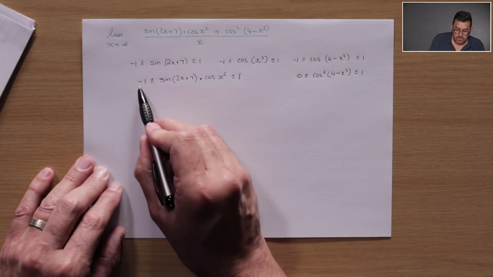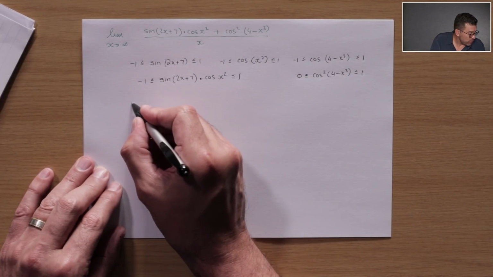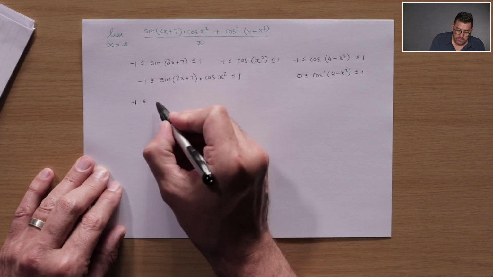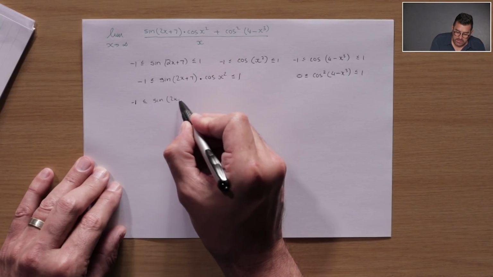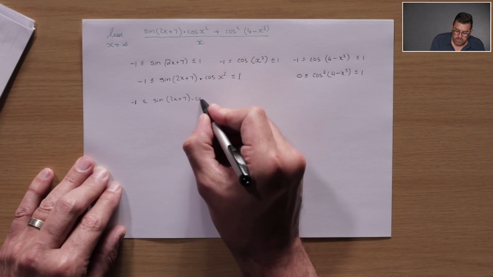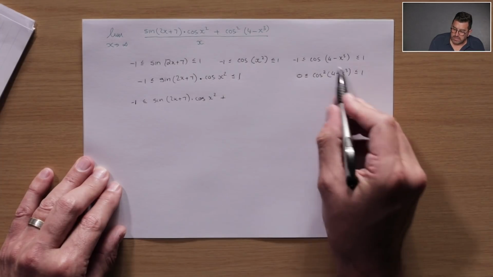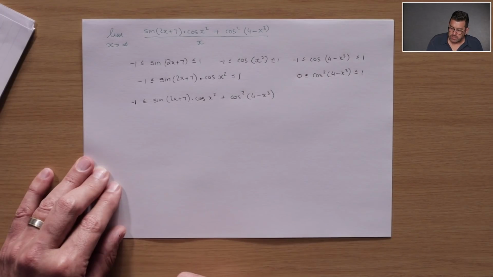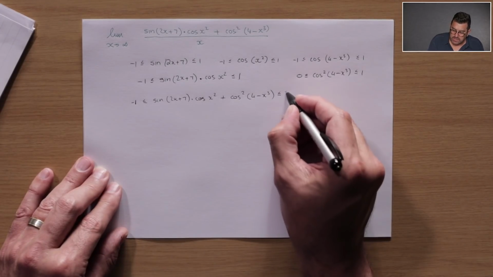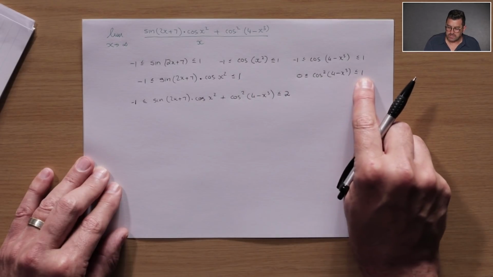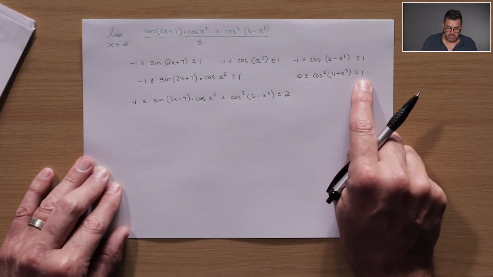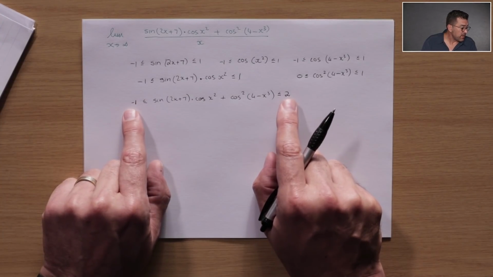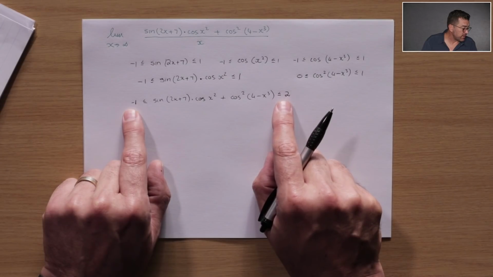I have naught, -1 remains, -1 for my bottom, okay, is less than equal to the sine of 2x plus 7 multiplied by the cos of x squared plus the cosine squared of 4 minus x cubed. And that will now be less than equal to 2, the 1 plus the 1. The top limit here plus the top limit over there. So now I'm lying between -1 and 2 over there.